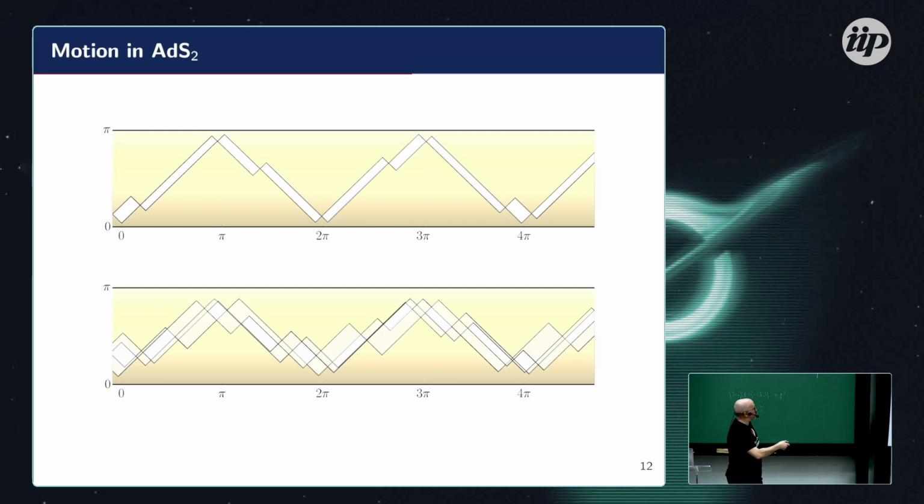And then, of course, your string just oscillates and moves in this box that we call ADS2. For 4 particles, the system does some more drastic oscillation, and these are all non-periodic. These are periodic in flat space, but not periodic in ADS.